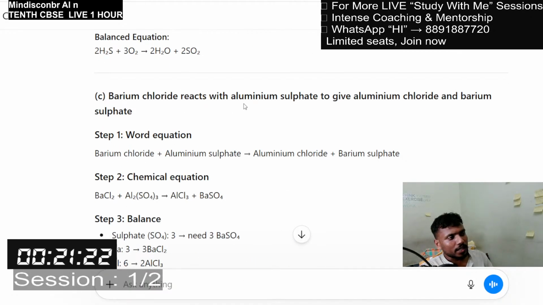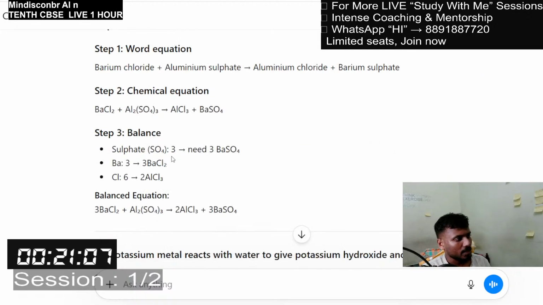Barium chloride reacts with aluminum sulfate to give aluminum chloride and barium sulfate. Barium chloride, the formula is BaCl2. Aluminum sulfate is Al2(SO4)3, gives AlCl3 plus barium sulfate. Balance. Here SO4 is taken thrice, so 3 sulfur atoms and 12 oxygen atoms are there.